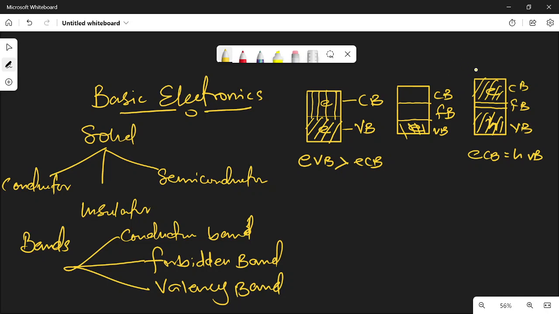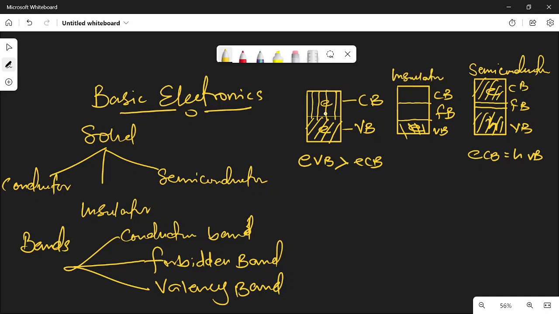So any material that has holes in the valency band and electrons in the conduction band, and they are equal, such material is referred to as a semiconductor. And any material that has a very wide forbidden band and no electron in the conduction band is referred to as an insulator.